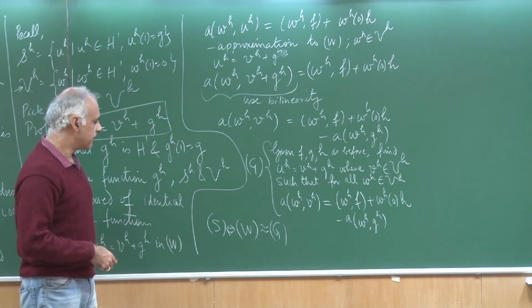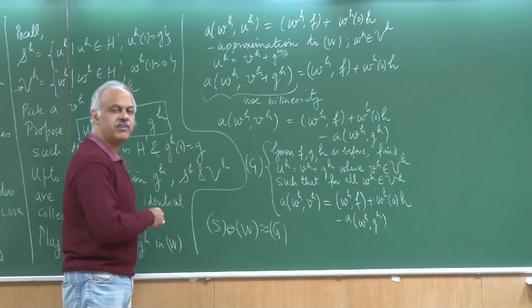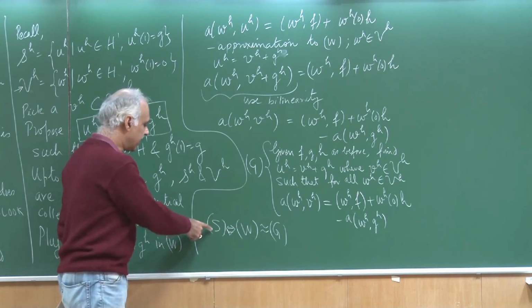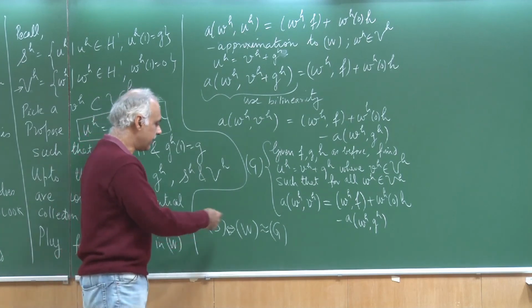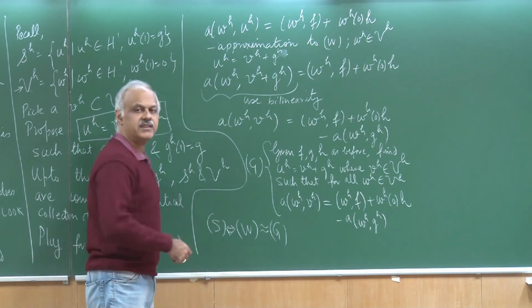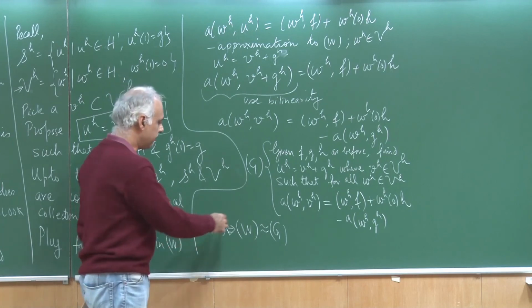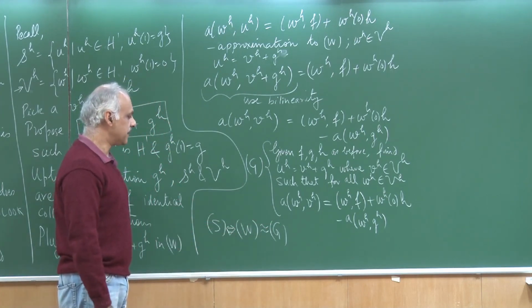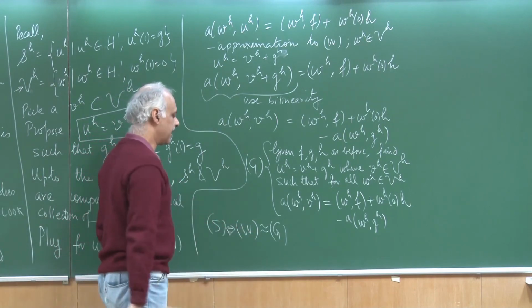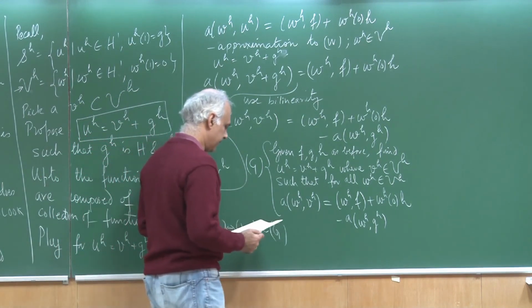So, now you can see the big picture. If I wanted to use a finite difference method, I would start from the strong form and approximate. If I want to use a finite element method, then I first derive the weak form and then make an approximation in terms of finite dimensional spaces and get my Galerkin form. Okay.